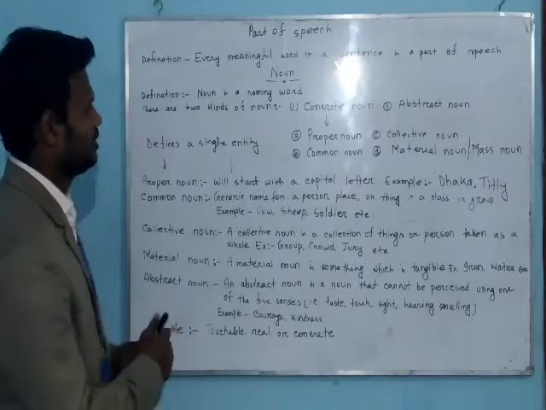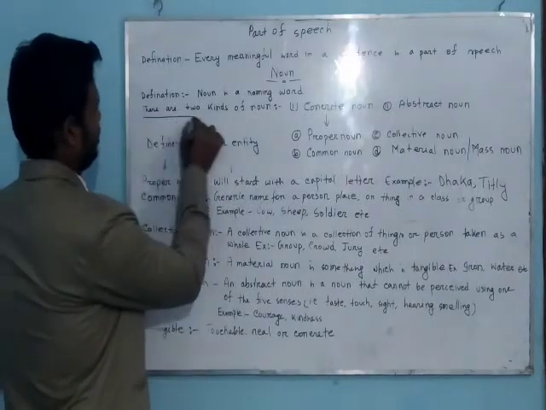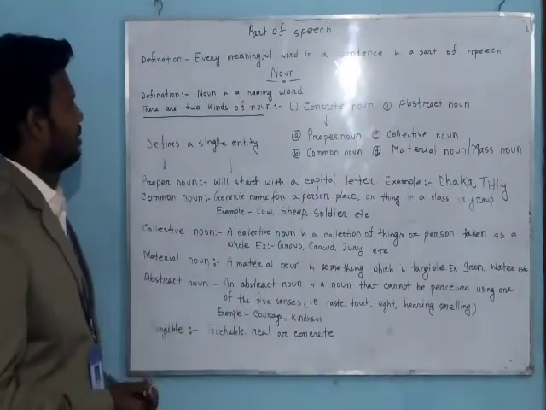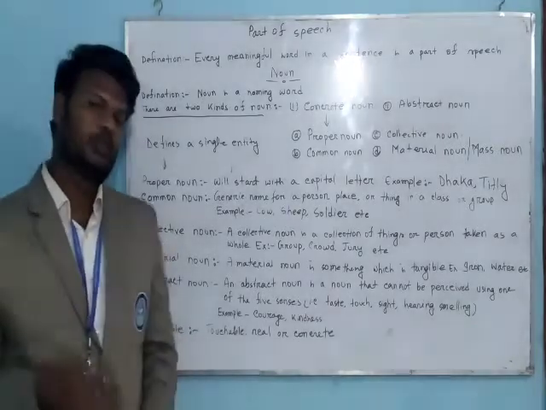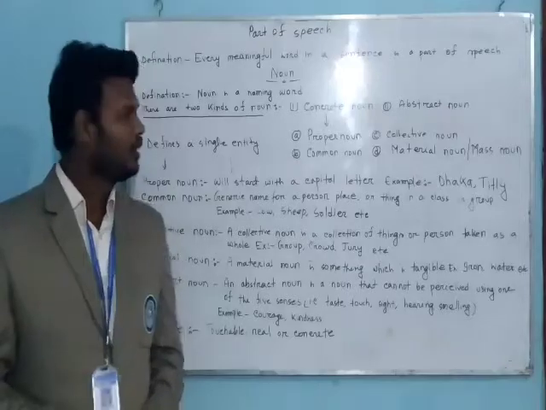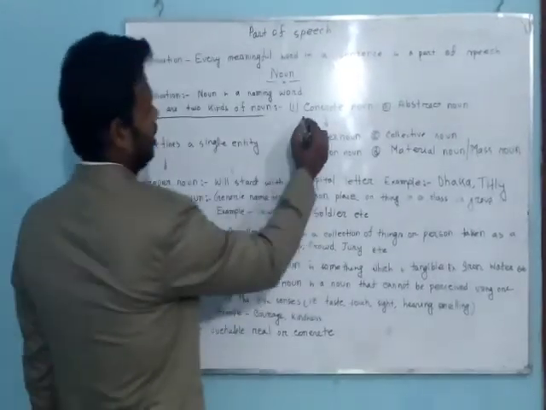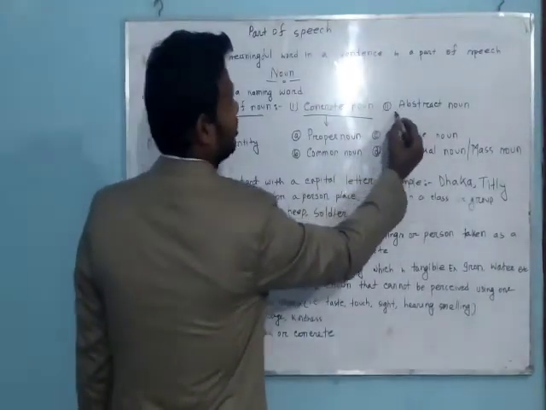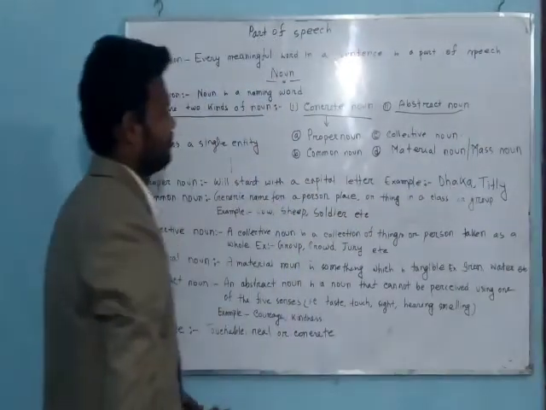So if I ask how many kinds of noun there are, you will have to answer: there are 2 kinds of noun. Number 1 is concrete noun, and number 2 is abstract noun.